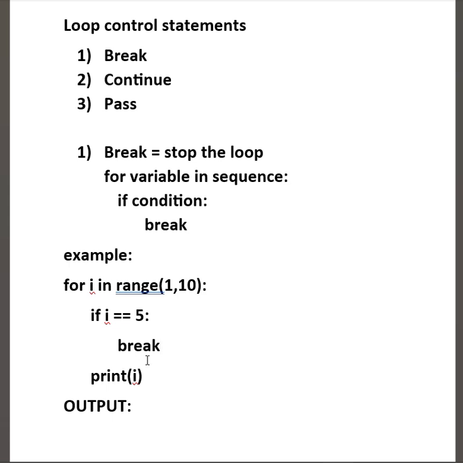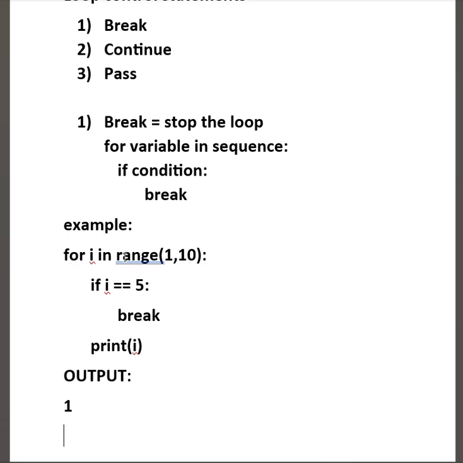If condition is false, so it will leave the if statement and jump to the print statement, so 1 will be printed. Next, 1 is updated to 2, 2 is equal to 5, condition is false, so it will jump to the print statement, 2.